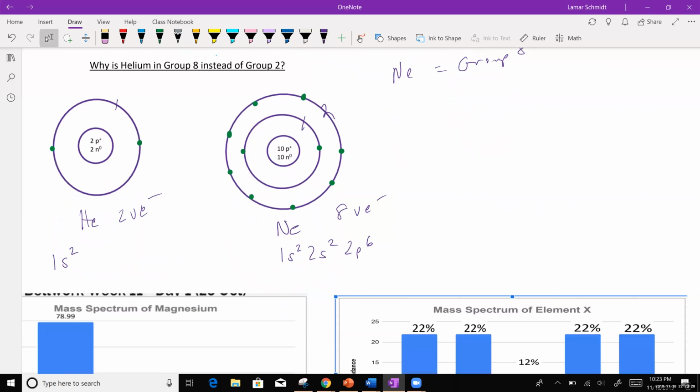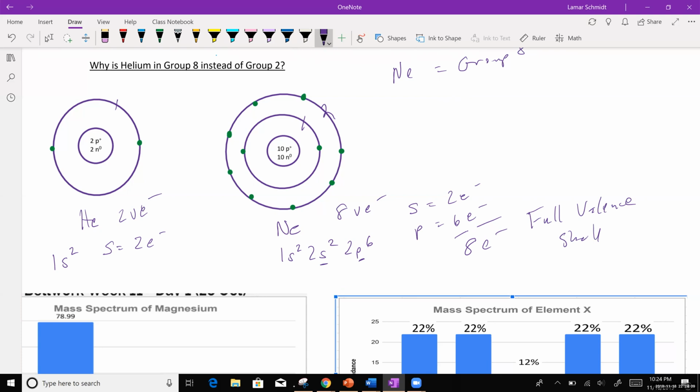If you look at the s orbital, it can hold 2 electrons, and the p holds 6 electrons, for a total of 8 electrons. So neon's second energy level has both the s and the p, and it has 8 electrons, holding as many as it can, so it has a full valence shell.